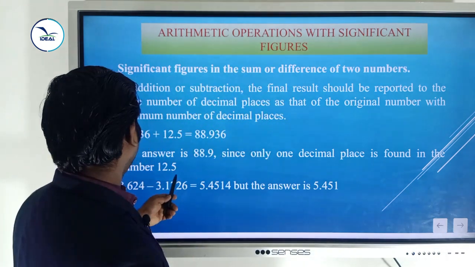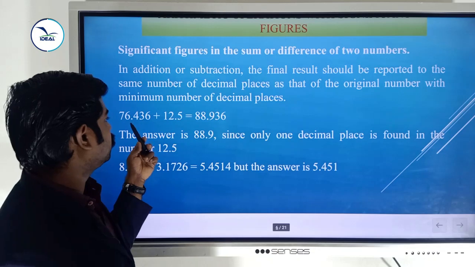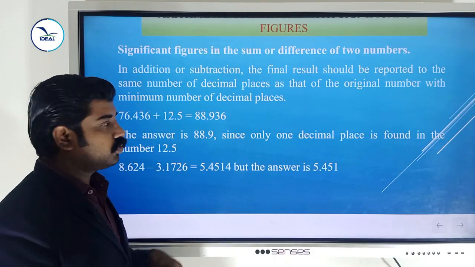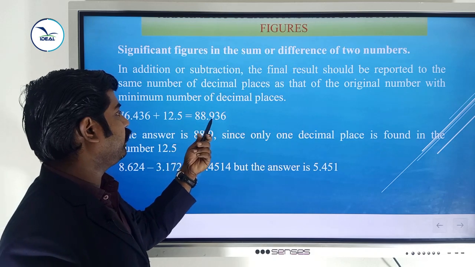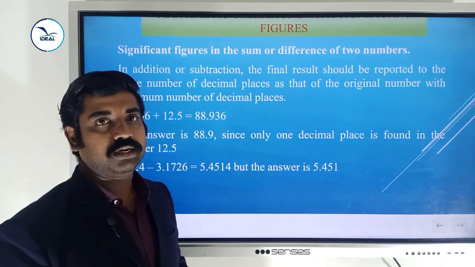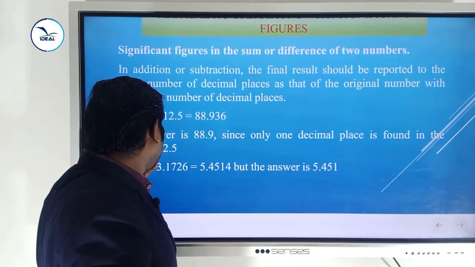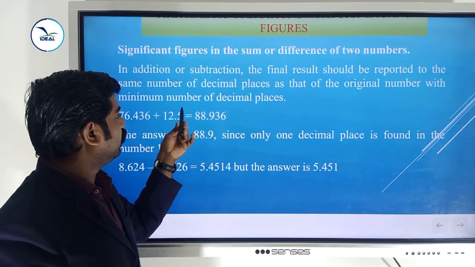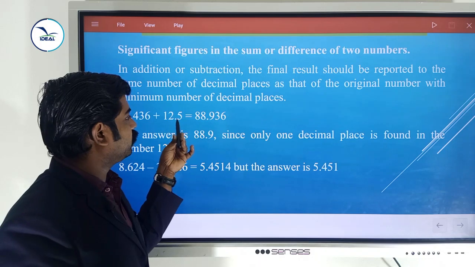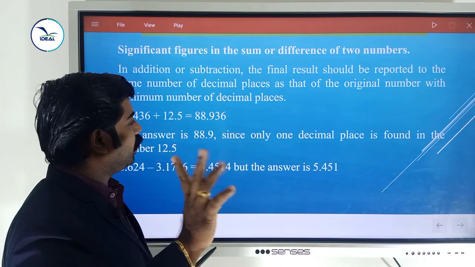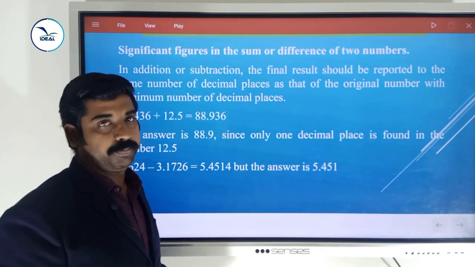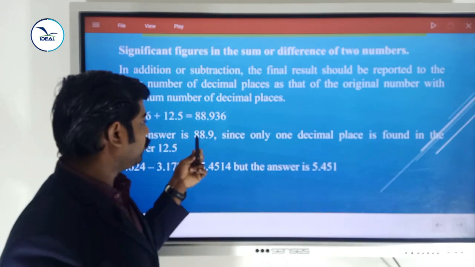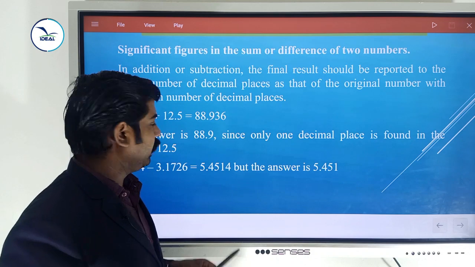For example, if I consider 76.436 plus 12.5, the answer is 88.936, but it has to be changed to 88.9 because 12.5 consists of only one decimal place. Okay, there is only one decimal place. That's why the number is changed into 88.9.